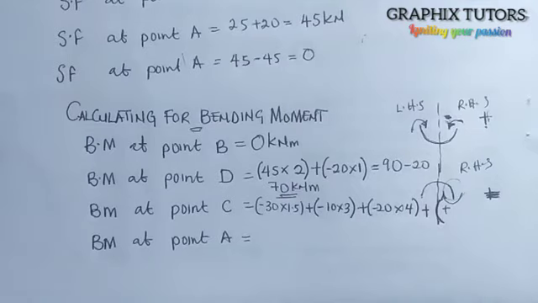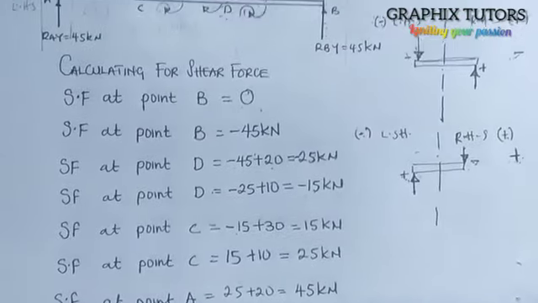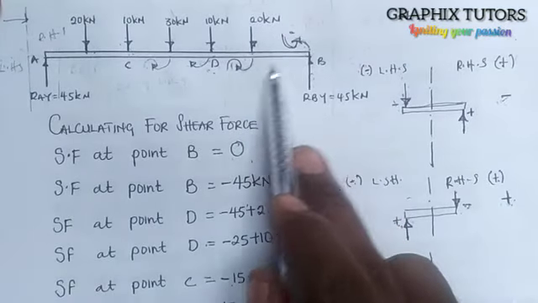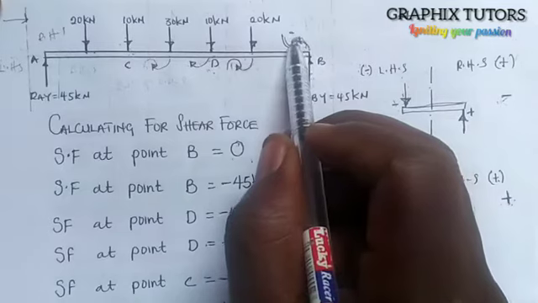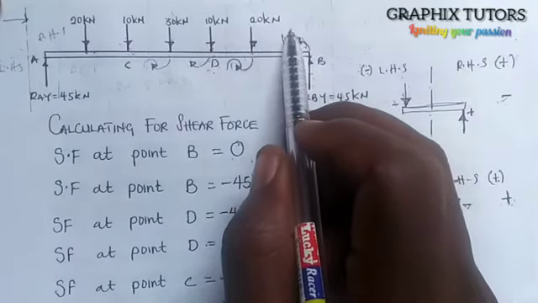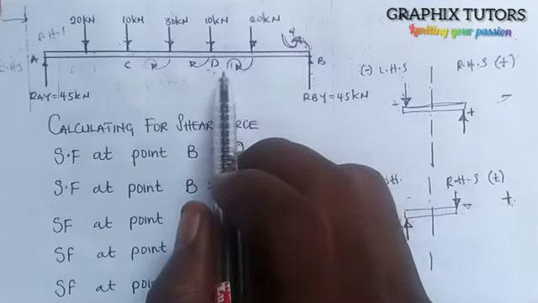Now we have another one again, which is the first reaction at B. The distance from here to here, if you notice it is going this way, and that is positive, right? So if it's coming this way, it's positive.